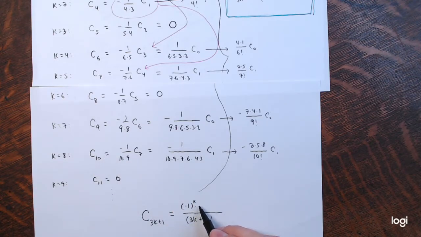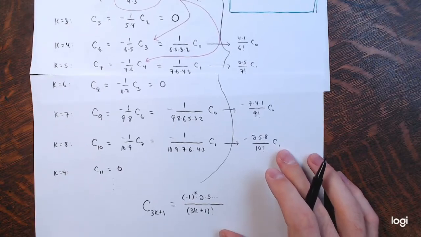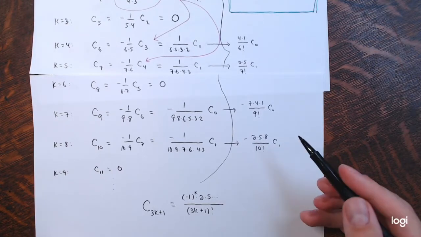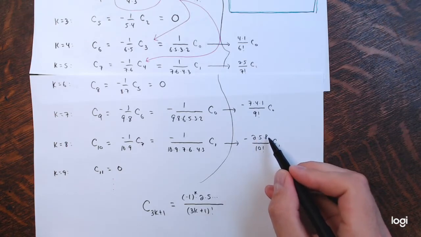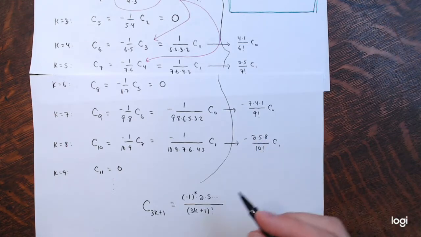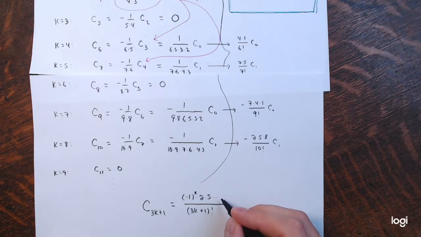And then up top, you're multiplying by 2, then 5, and so on. Keep that pattern going, you just keep adding 3, and you add 3 times k minus 1 times again. So 2 plus 3 times k minus 1, up to 3k minus 1.